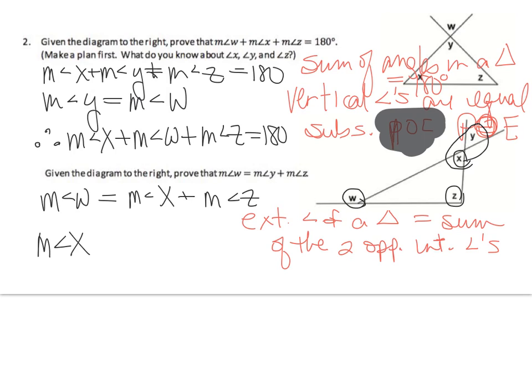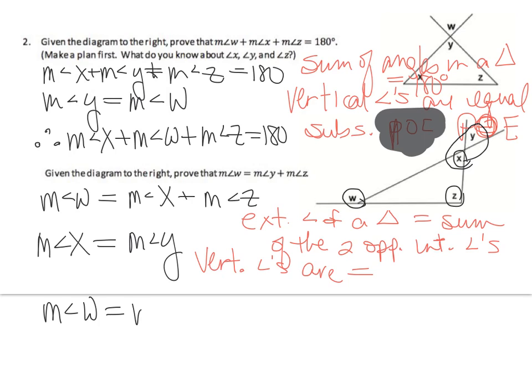Measure of angle X equals the measure of angle Y because vertical angles are equal. Therefore, we can say that the measure of angle W equals the measure of angle Y plus the measure of angle Z because of the substitution property of equality. Good. Good job. Oh, I forgot the therefore.